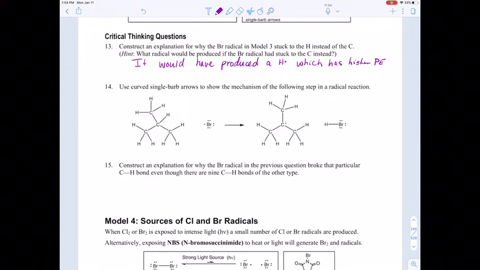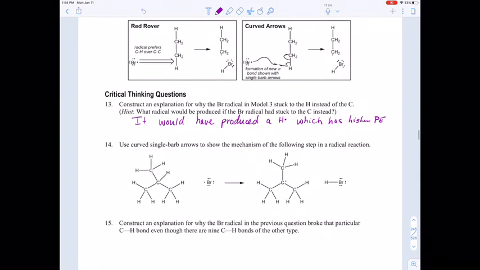On 14, use curved single barb arrows to show the mechanism in the following step in a radical reaction. Okay, this one, we'll do together because it's your first time. Using the curved arrows up here as an example, the bromine radical, this thing here, is what comes in first, and this is what causes all the reaction.